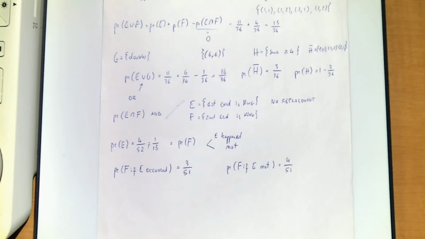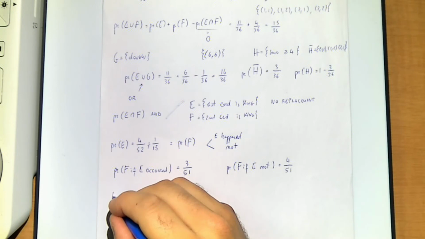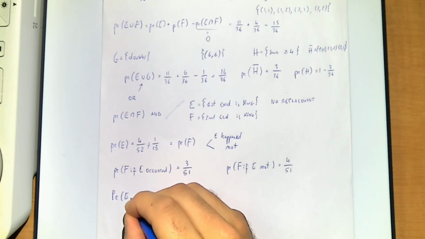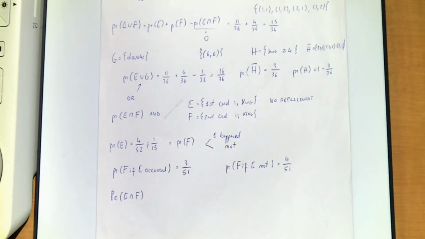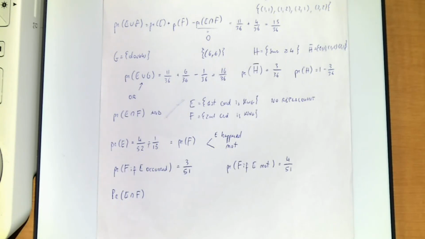But now, of course, we have to consider the case precisely. In particular, if I'm looking for the probability of drawing 2 consecutive kings, so E happened and F happened, then this consists of E intersection F. And this is smaller than the probability of the 2 happening independently, because I have to consider whether E happened or not.